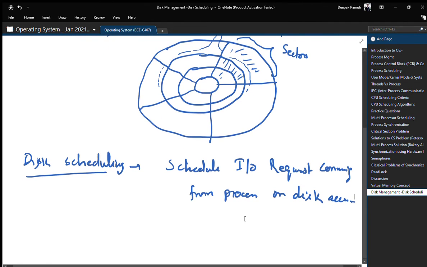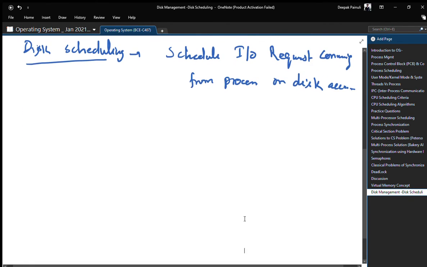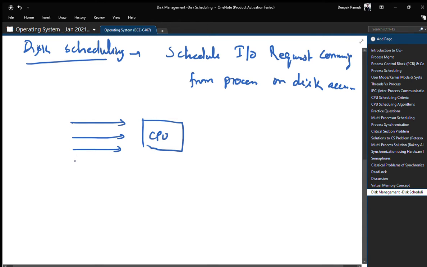To understand better, we can draw a diagram. This is our processor, the CPU. Multiple disk access requests are coming from different processes, let's say P1, P2, P3, P4.